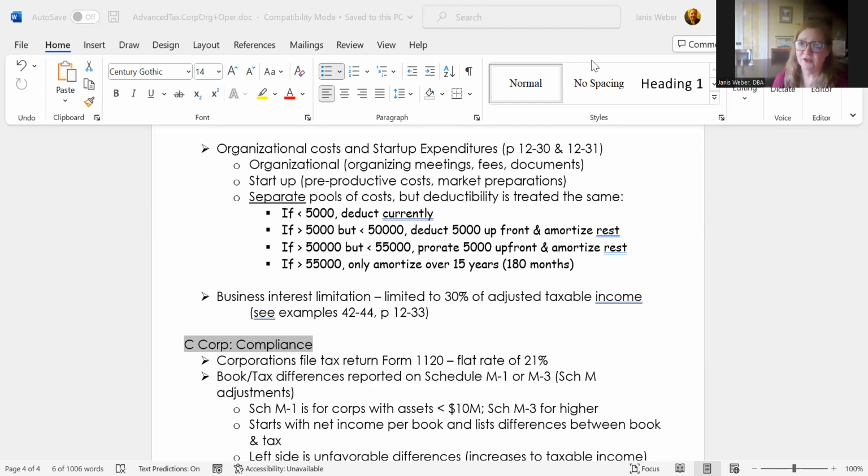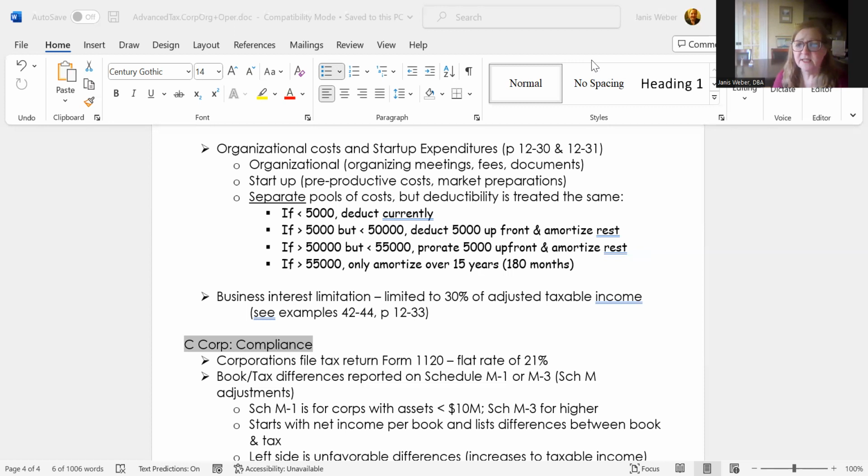If you're over $50,000 in cost but still under $55,000, some of your costs might still be deductible directly in that first year. Whatever's left of your $5,000 that you didn't lose by exceeding $50,000, you can take as a first-year write-off. The rest is still spread over the 180 months, starting in the month it was put in service. We'll probably do an example about that one too.